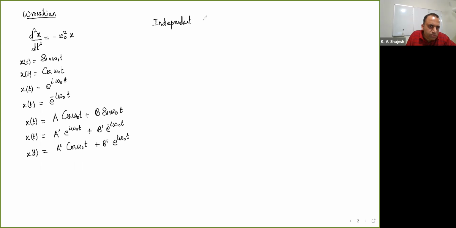Independent versus dependent solutions. So what's the characteristic, or what's the definition of an independent and dependent solution? And that's where the Wronskian comes in.